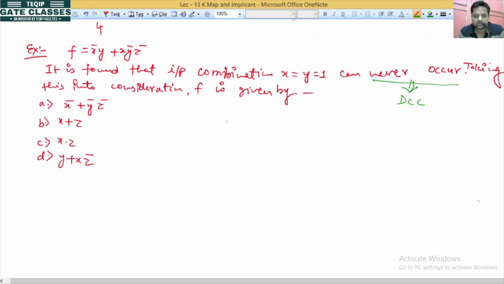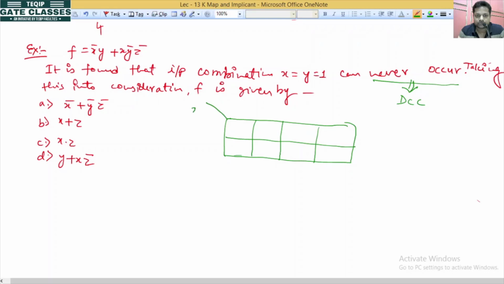So how many variables are there? 3 variables. So for 3 variables, we will form a 3 variable min term K map. It will be x here, yz here. Now y'z', y'z, yz, yz' will be across, with x' and x.